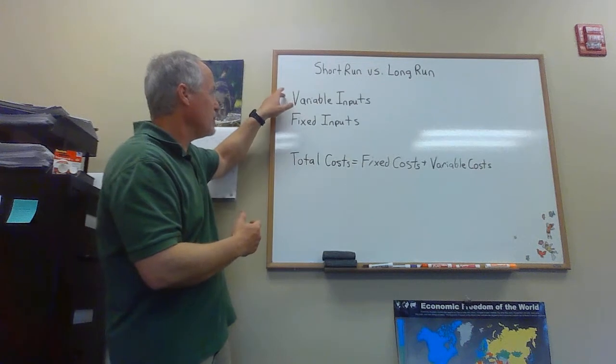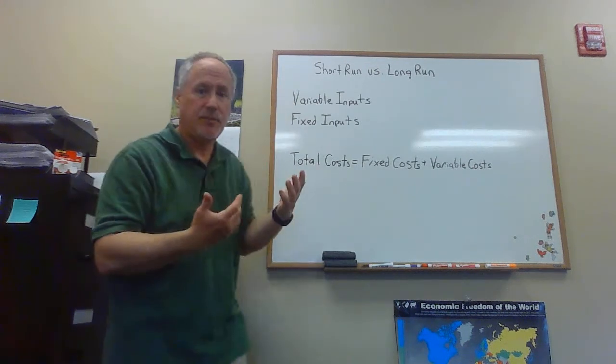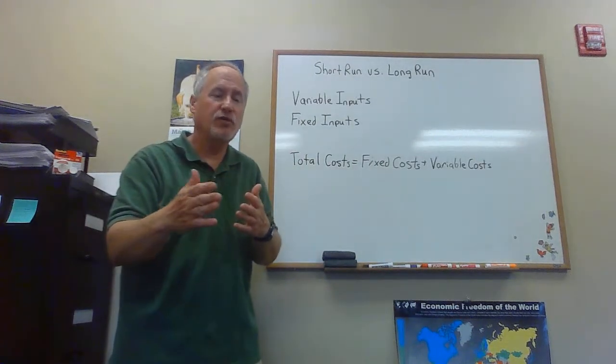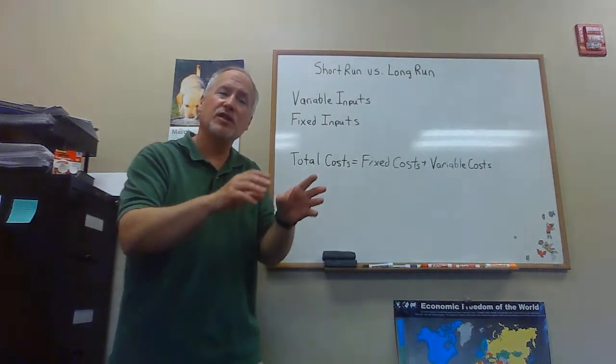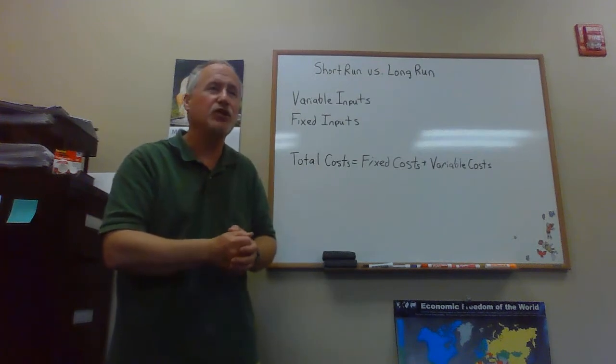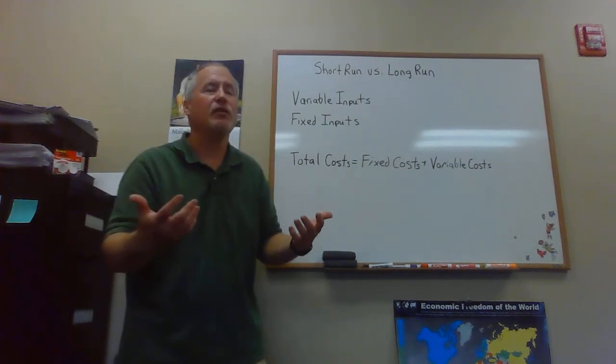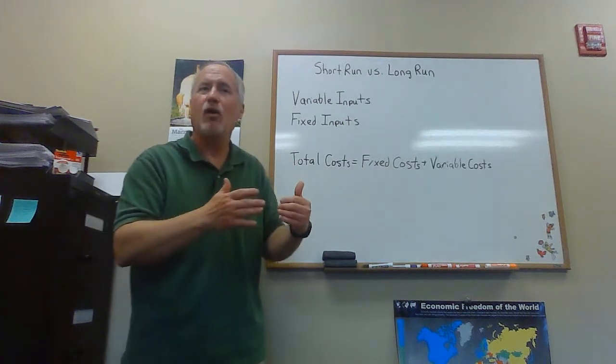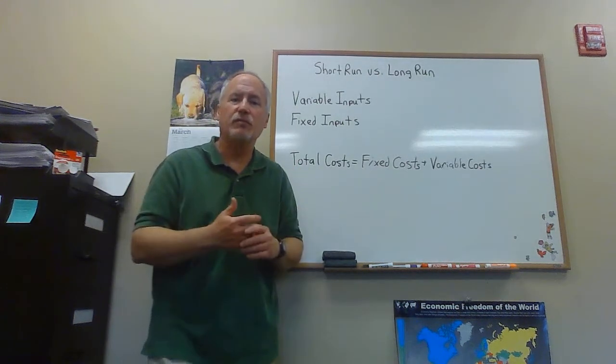We're going to call some inputs variable and some inputs fixed. The variable inputs are going to be the ones that you can vary, and the fixed inputs would be the things like a factory or heavy machinery that you can't vary very quickly. So the short run is going to be this period of time. We won't say exactly how long it is because it might differ for different businesses.